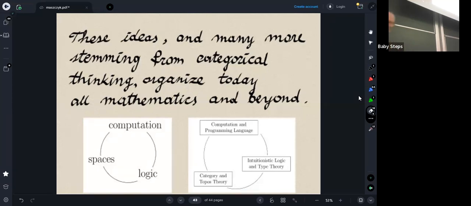Computation is about computation and programming languages. By spaces, we mean category and topos theory. Toposes are categories which can be regarded as environments for doing mathematics.